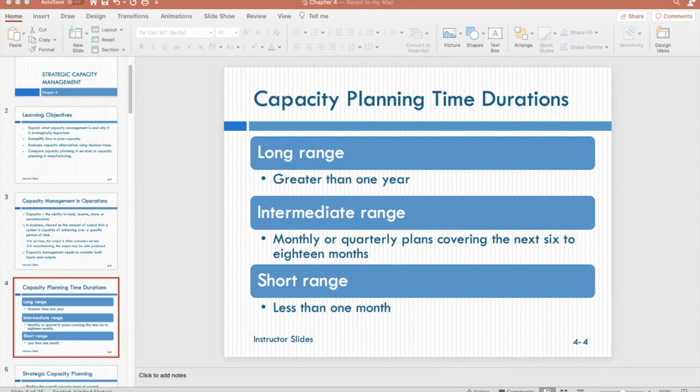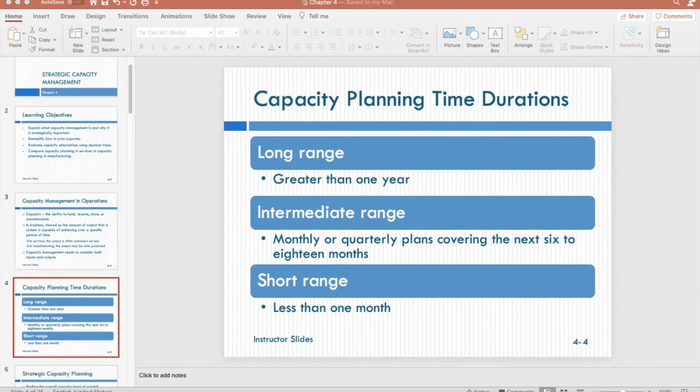And then you can even imagine another type of capacity planning, which corresponds to the short range capacity planning. As I said, capacity planning itself is frequently used, even daily. And this type of daily capacity planning of course belongs to the short range capacity planning.